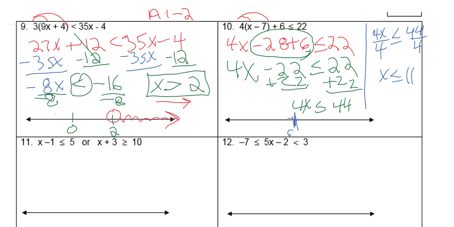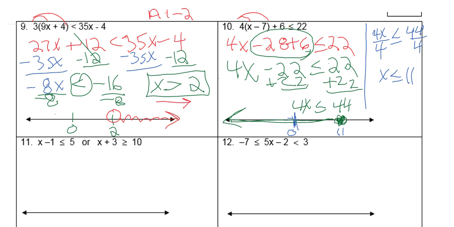So we'll just say that's 0. 11 might be over here somewhere, and this one's going to be not an open circle but a shaded in circle, and we're simply going to shade in the direction of the inequality, which is to the left.